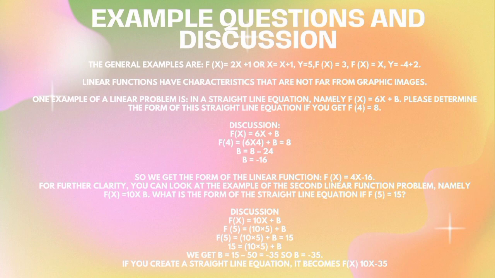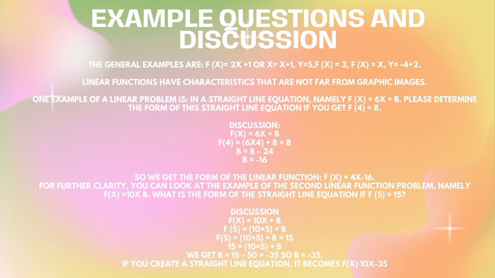So, the discussion is fx is 6x plus b. f4 is 6 times 4 plus b is 8. b is 8 minus 24. b is minus 16. So, we get the form of the linear function is fx is 6x minus 16.